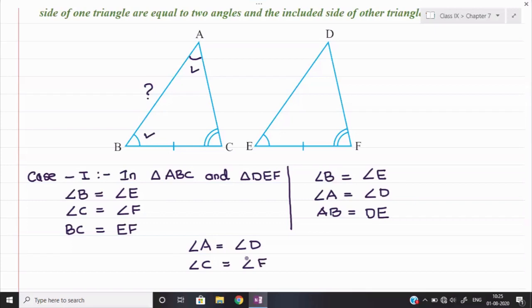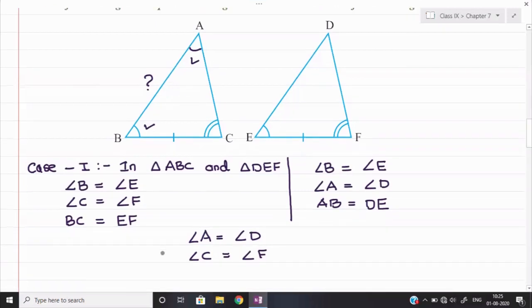So angle A and angle D are equal, C and F are equal. Between these two pairs of angles, which side is coming? Angle A and angle C, one side is coming here, AC, and angle D and angle F, that side is coming here, DF. So AC and DF are also required to be equal. Then we can say that the triangles will be congruent.